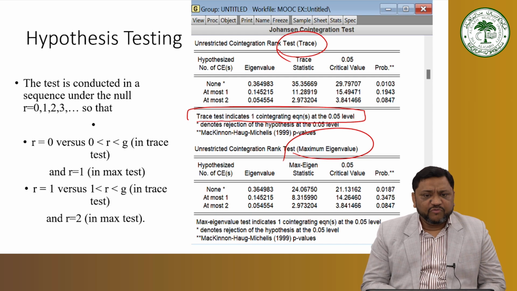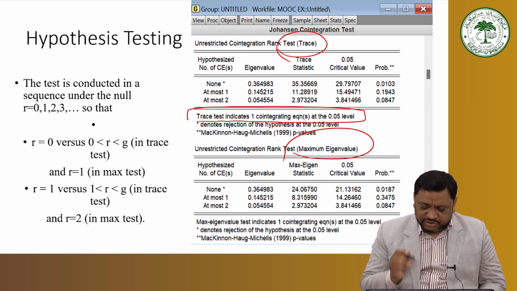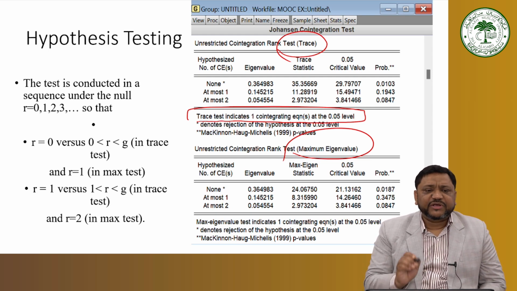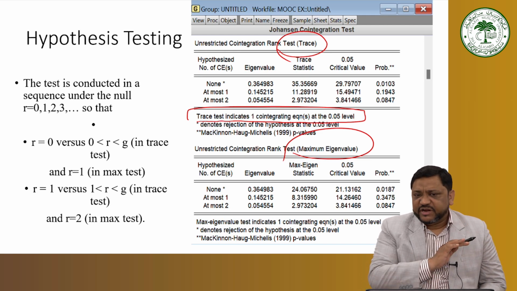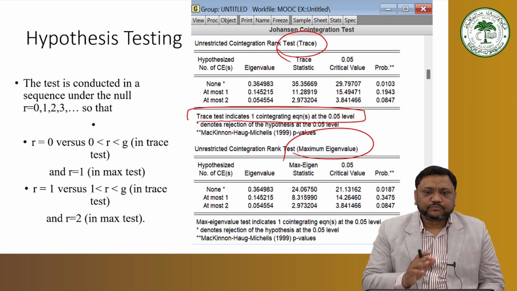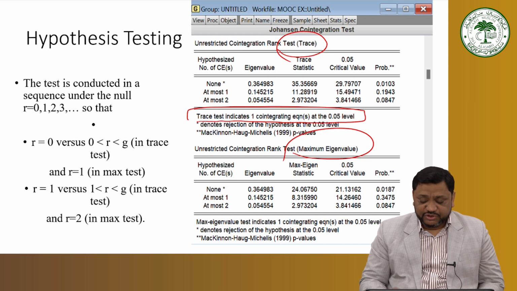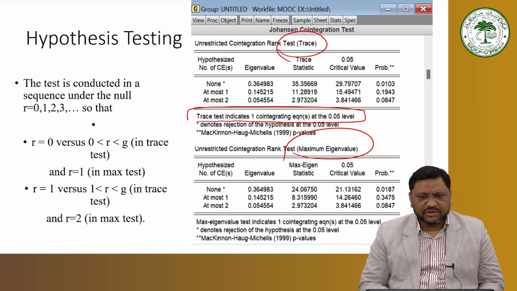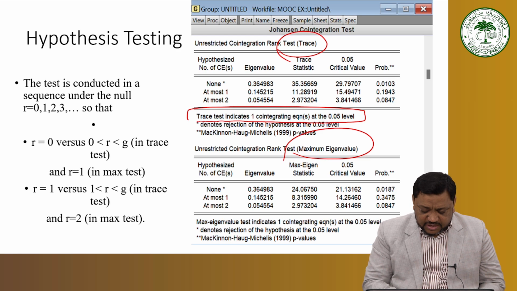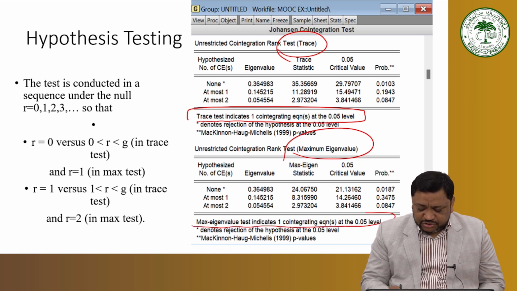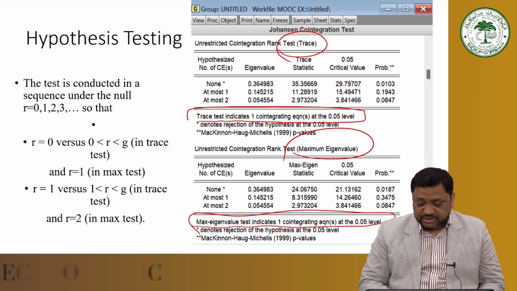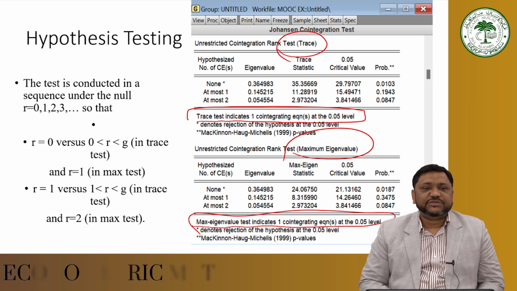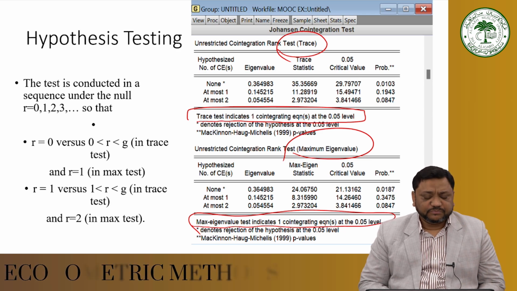If there were two cointegrating relationships, then the trace statistic would indicate two cointegrating relationships. If there is no cointegration, then it will say the trace statistic indicates zero cointegrating relationships.